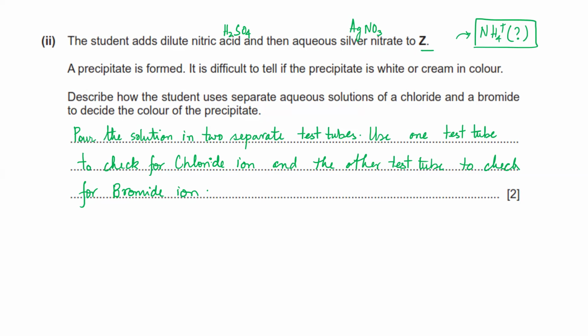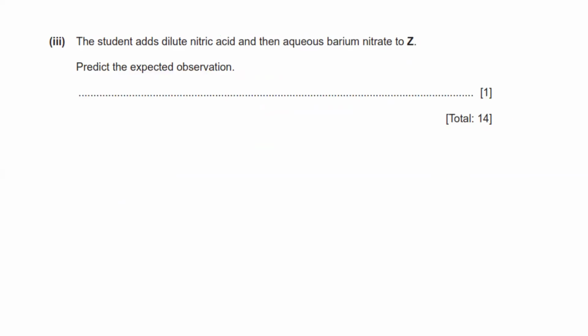Okay, so then it says the students add dilute nitric acid and then aqueous barium nitrate to Z. So dilute nitric acid HNO3 plus barium nitrate. So barium nitrate is a soluble nitrate salt to Z. This is an ammonia salt, expect that. So what will happen? Nothing will happen.